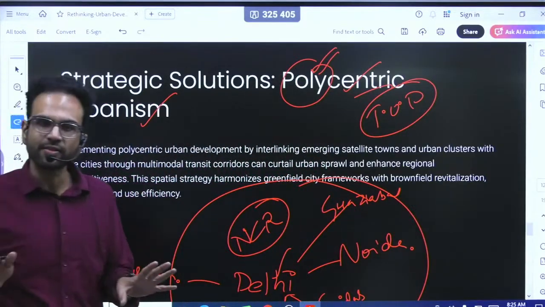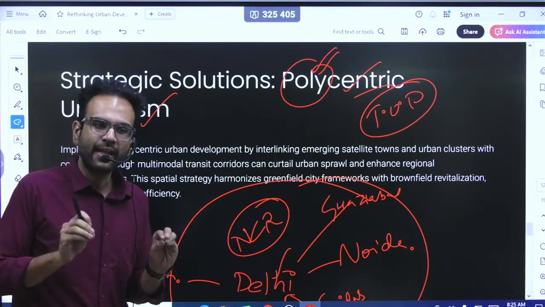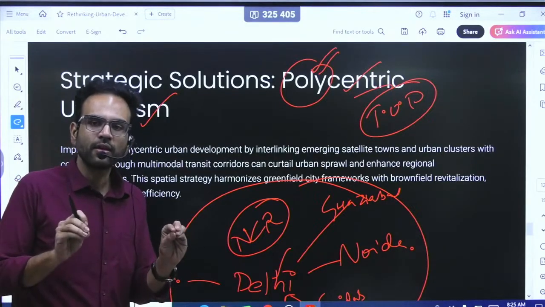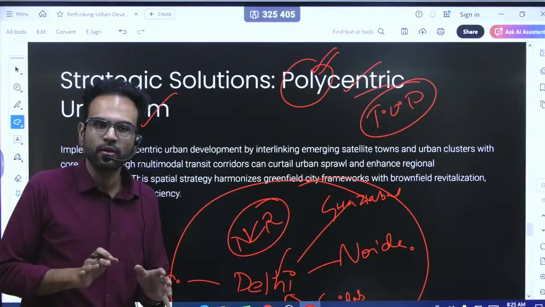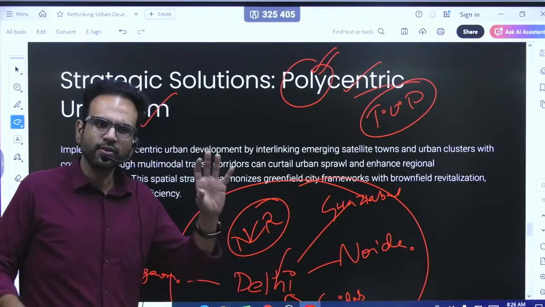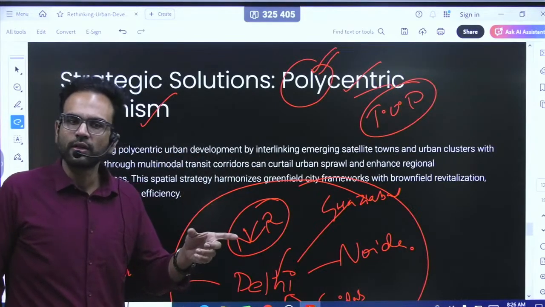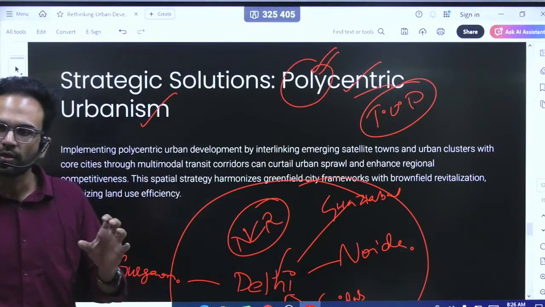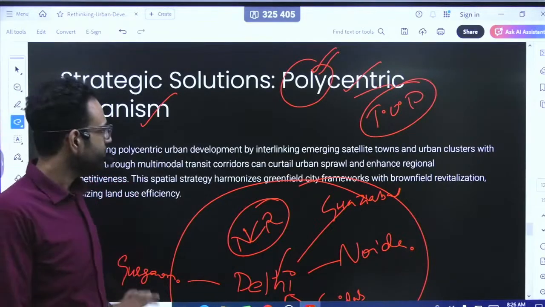And despite this, the living conditions in Delhi are not as desirable as they should be. That's a different case because it has got more to do with urban governance challenges rather.